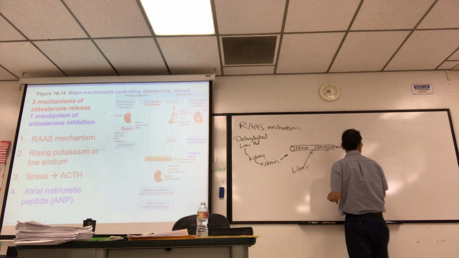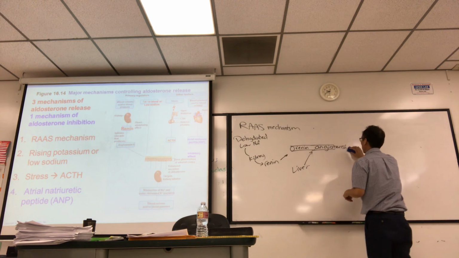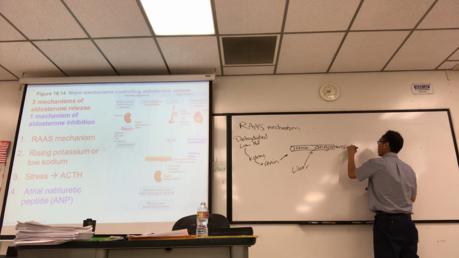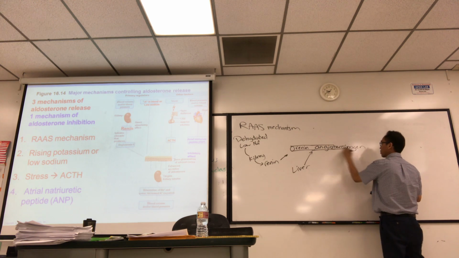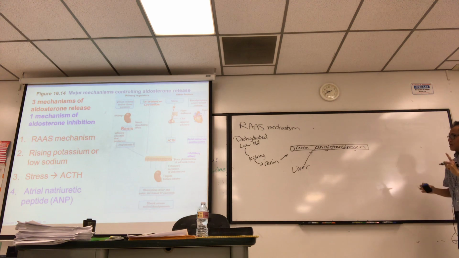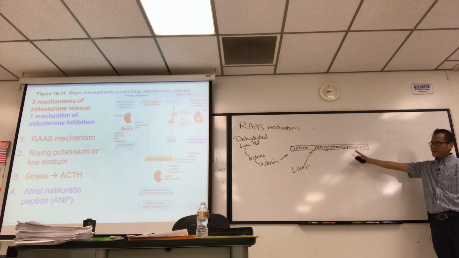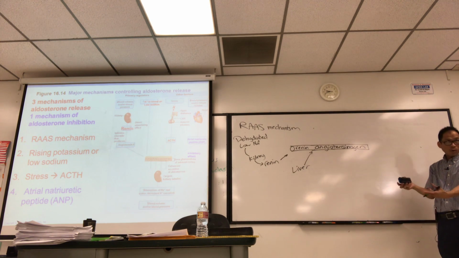Angiotensinogen. Big long word. Anyways, they're both in the bloodstream. Renin is a cleaver. It'll cleave off the end of this molecule to make it active, because angiotensinogen, big long word, was inactive.